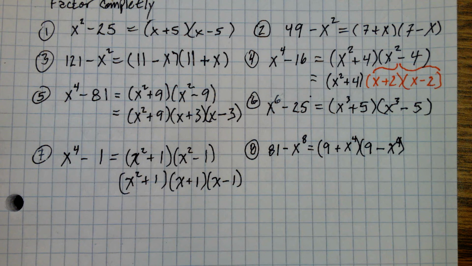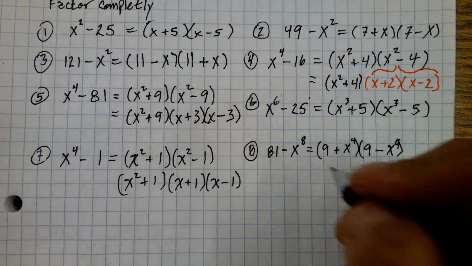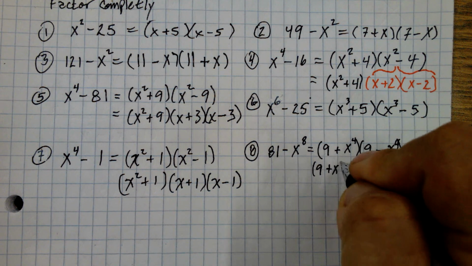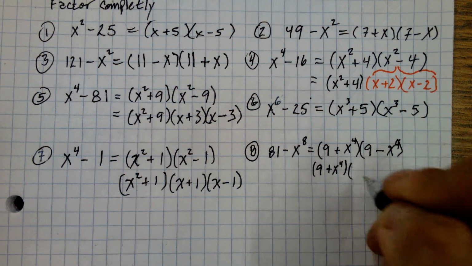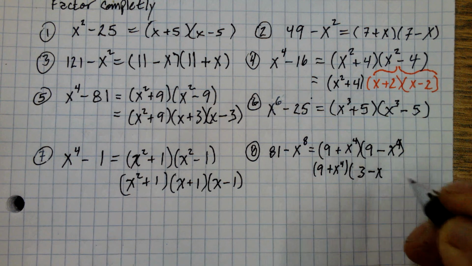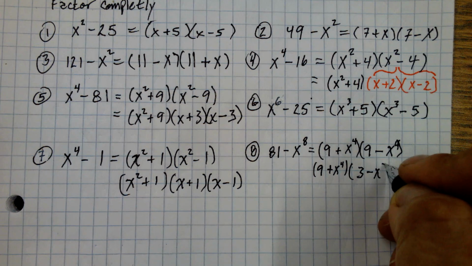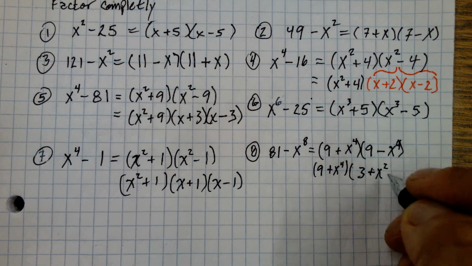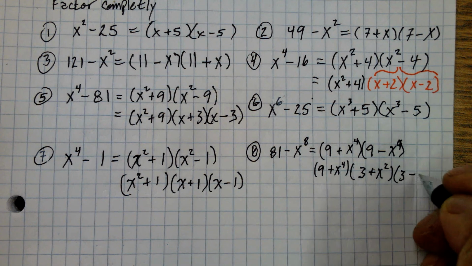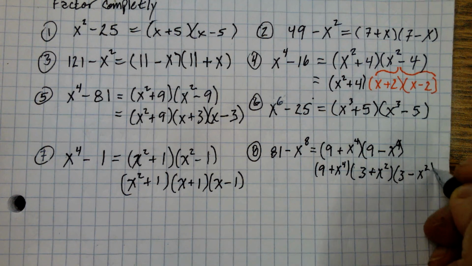Minus can still break down. 9 is a perfect square, and x to the 4th is a perfect square. So I could still break that one up. Let me just copy this one because it's going to be part of my answer still. But this would be 3 minus x to the 2nd, or plus, I should say. I put the plus one. And this would be 3 minus x to the 2nd.